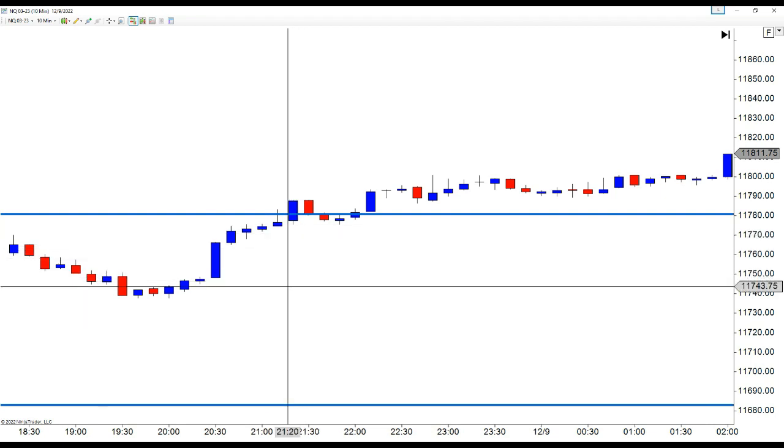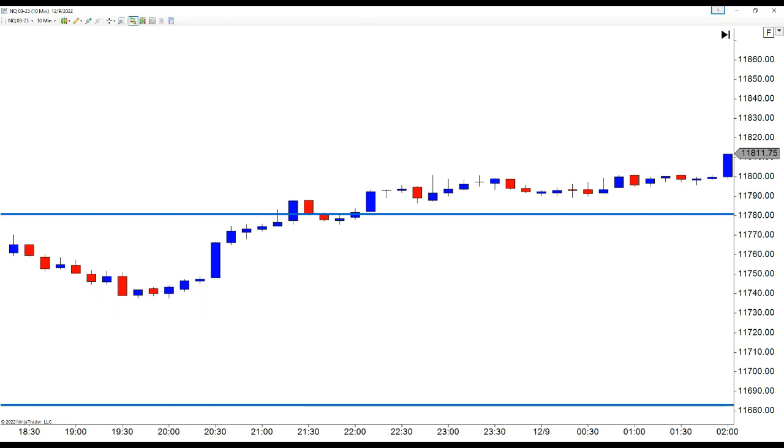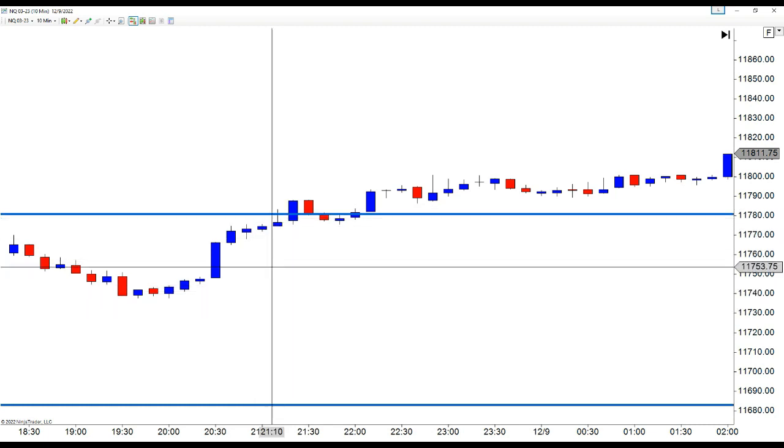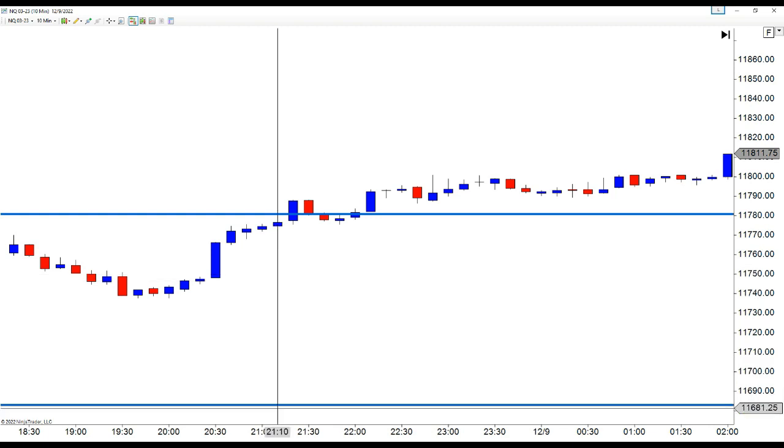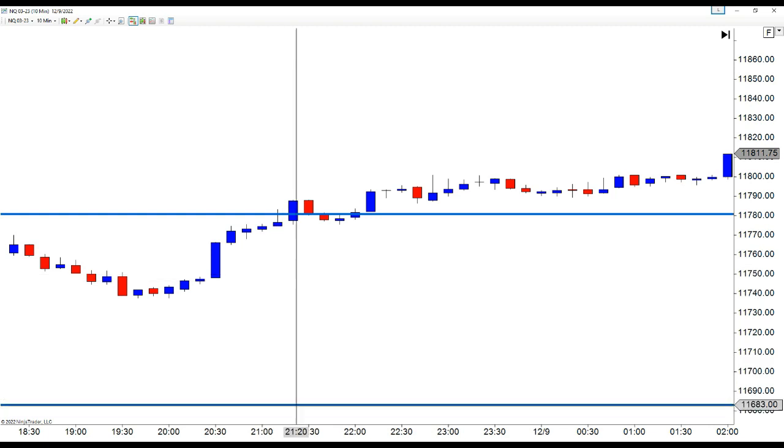So in trading, we talk in terms of probability. So at least in the short term, the probability of hitting the buy trigger is greater than hitting the sell trigger.